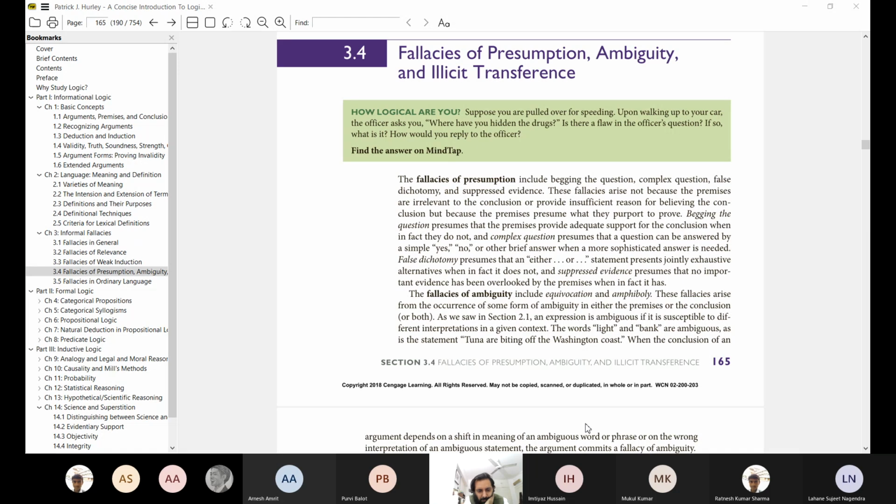Yes, so what Purvi was saying, it's like just an unbased accusation that you have the drugs. Where are they? So there's that assumption that you do have the drugs. And how do you respond to that? I guess the only way to respond is that you don't have any drugs on you.